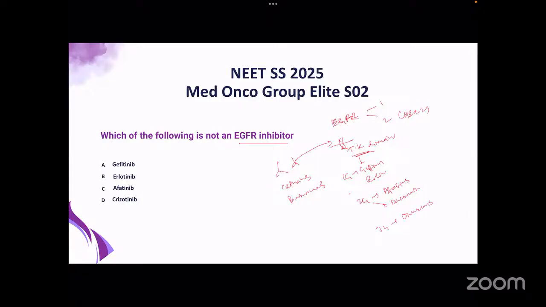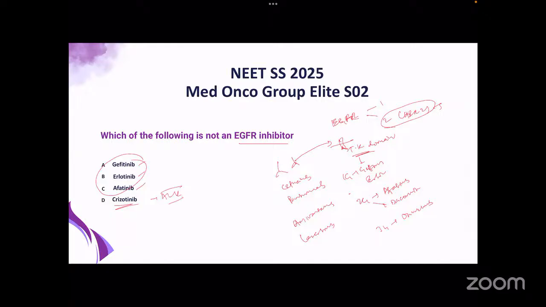There are new molecules like lazertinib and others, amivantamab. So these are all the anti-EGFR agents. And HER2 includes trastuzumab, lapatinib, TDM1, everything as per HR. So look at the answers: gefitinib, erlotinib, afatinib are EGFR agents. Crizotinib acts as an ALK inhibitor.